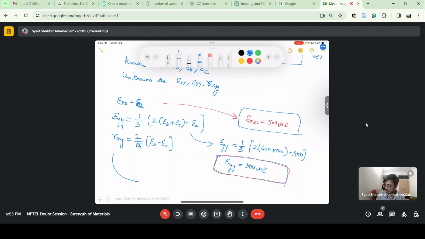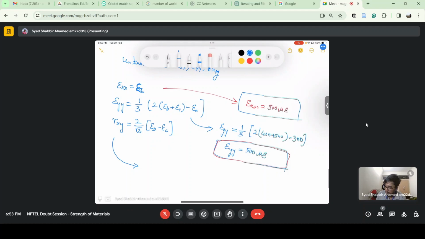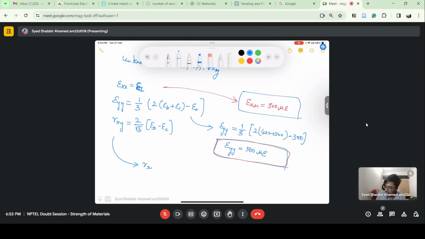And then I have gamma xy equal to 2 by root 3 into epsilon b, which is 400, minus epsilon c, which is 500.